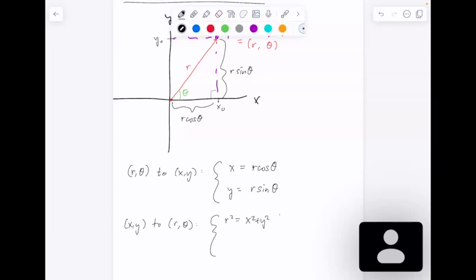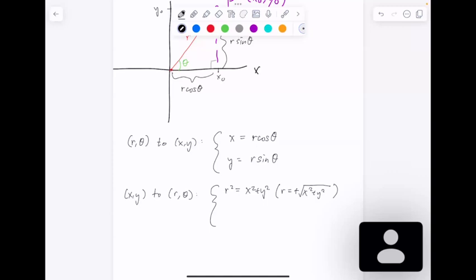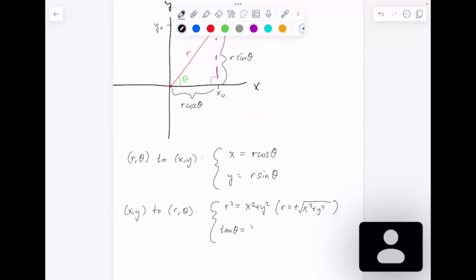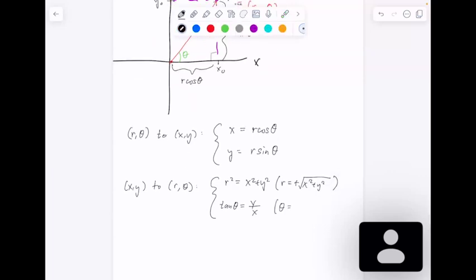If you're using standard polar coordinates, r must be positive, so this is the positive square root of x squared plus y squared. And what about theta? Well, the tangent of theta is equal to the tangent of this angle here. The tangent is opposite over adjacent. Now, this leg is y0 or just y, and this leg is x. So this is going to be y over x. This means theta is equal to arctan of y over x, or the inverse tangent of y over x.